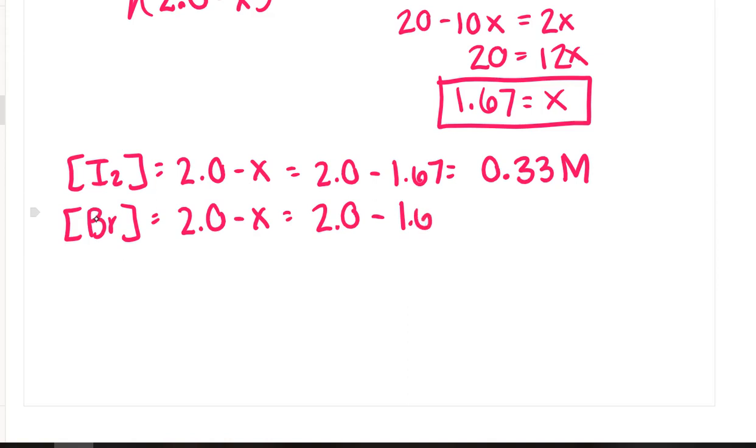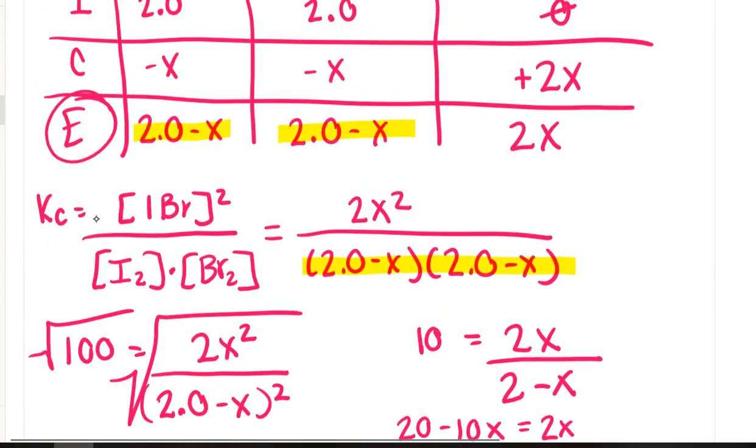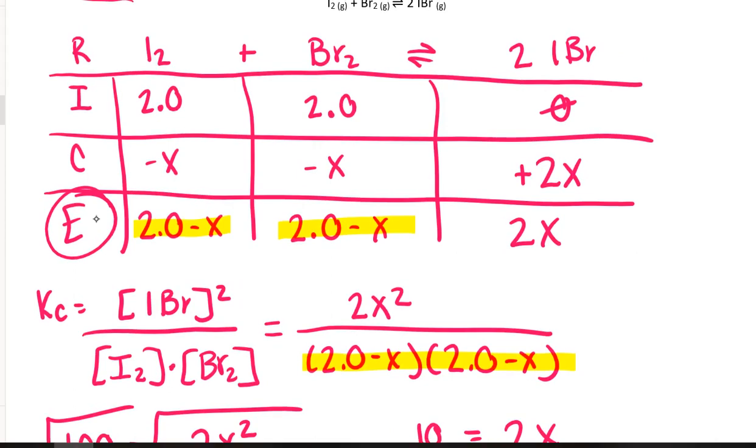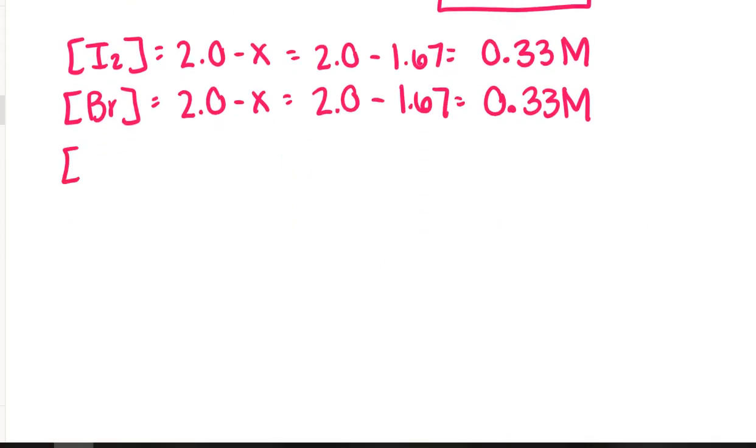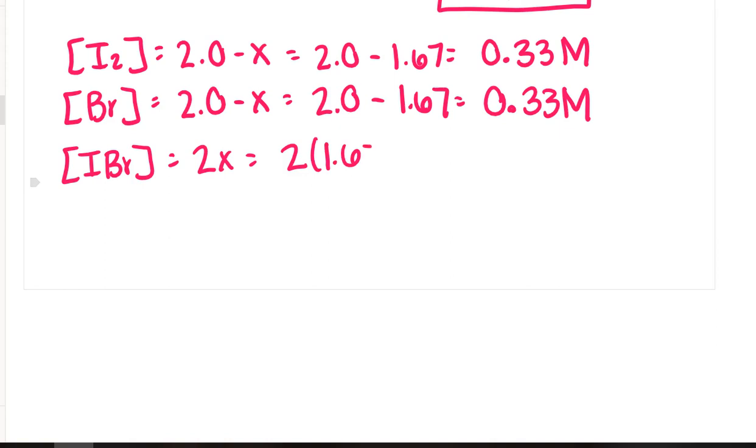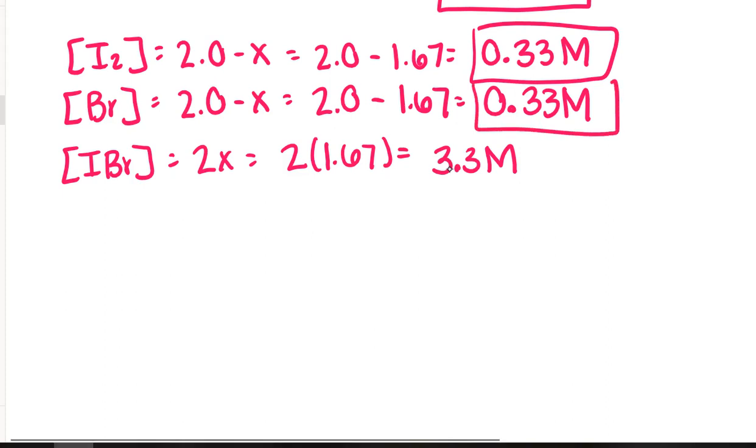And again, x is 1.67. And then lastly, for my product, my molar concentration at equilibrium would be 2x. So these three would be my answers. These are my molar concentration of each species at equilibrium.